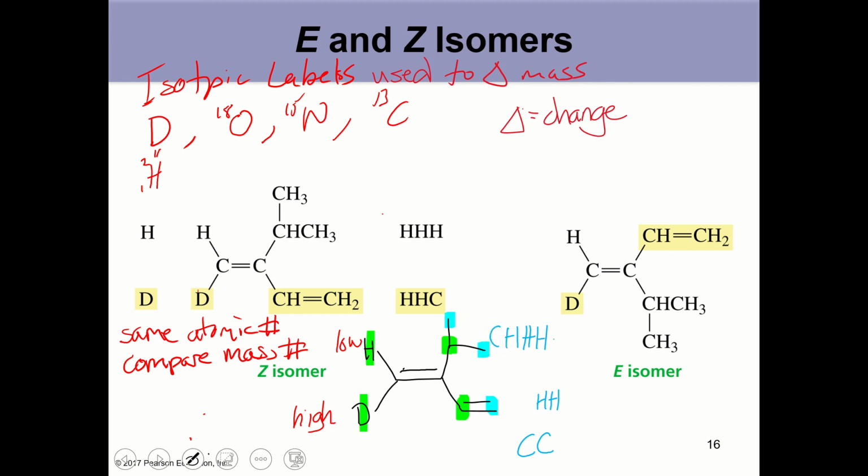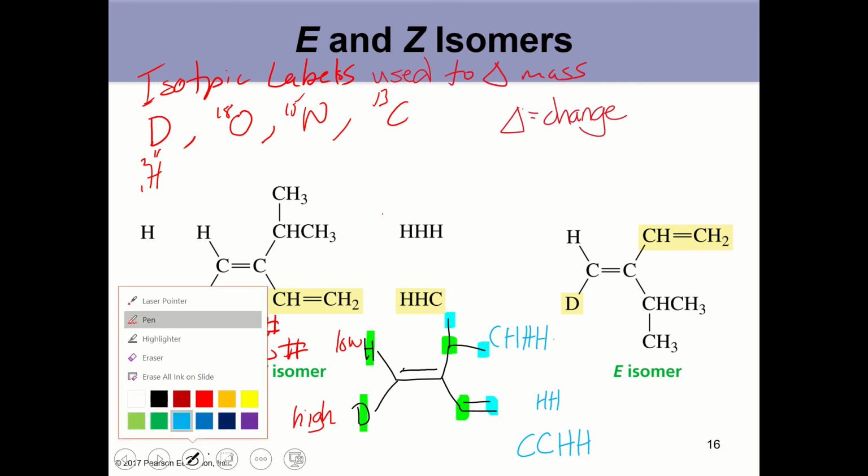So if I write out all 4 bonds that the blue carbon on the top has, I'm bonded to carbon, hydrogen, and hydrogen. And if I write out all 4 bonds that the blue carbon on the bottom has, the one in the double bond, I have carbon, carbon, and hydrogen. Why do I write carbon twice? Because it's a double bond.